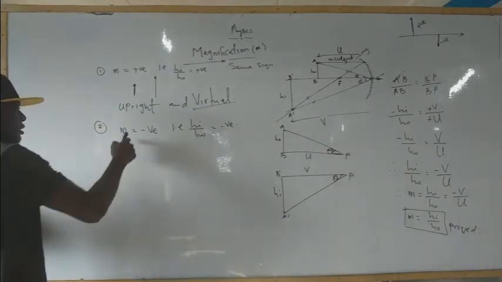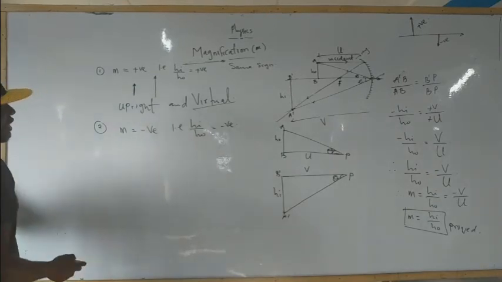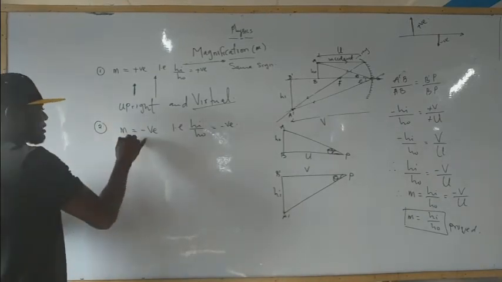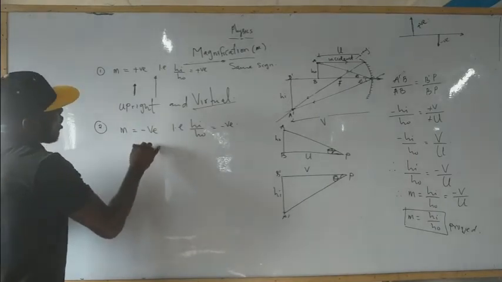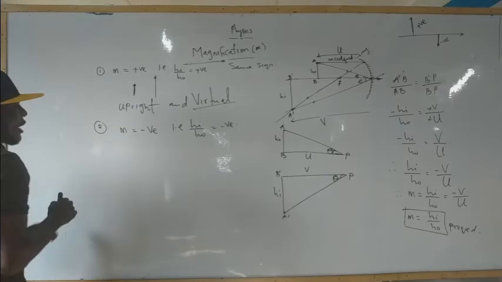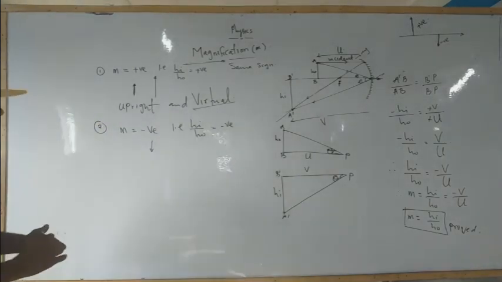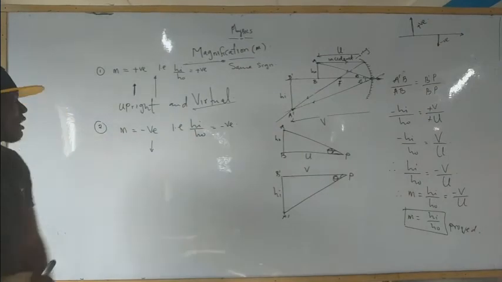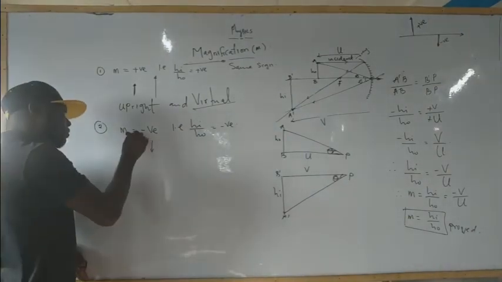That is facing down, the two. So we can have this way, the same direction. This will be facing down, that is the object. The object will be like this, while the image will be up.